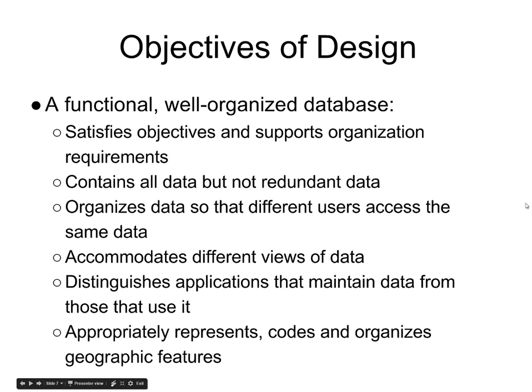So a functional and well-organized database does the following. It satisfies objectives and supports organizational requirements. It contains all the data of the organization, but does not have redundant data. It organizes data so that different users can access the same data.